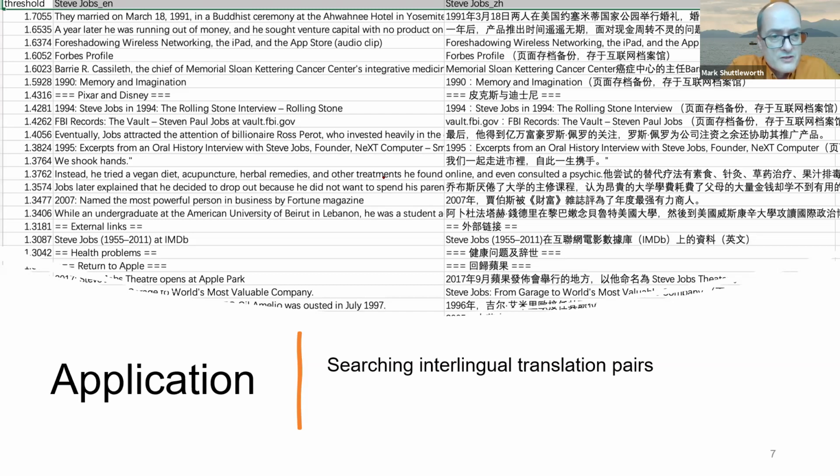So that perhaps is not a particularly good alignment, but that is probably an exception; most of these alignments are fairly good. So that's a screenshot to show the output from our tool when we're searching for interlingual translation pairs. Let's go on to the next slide now.